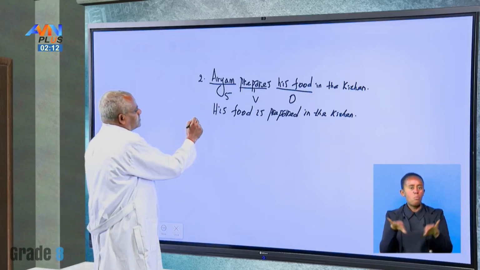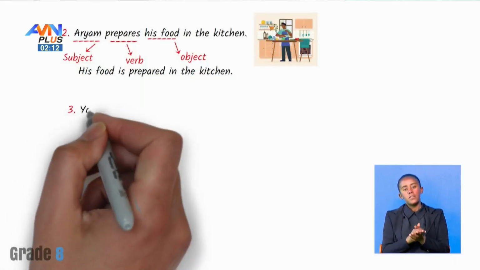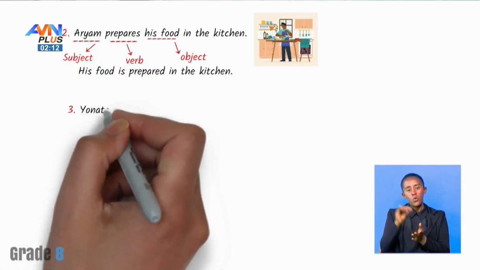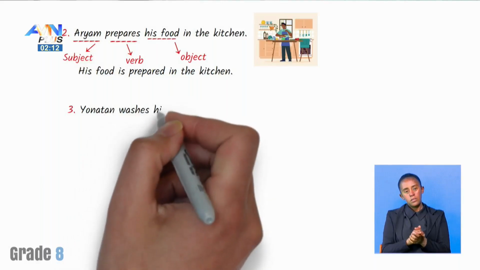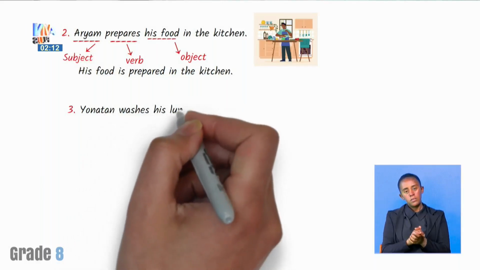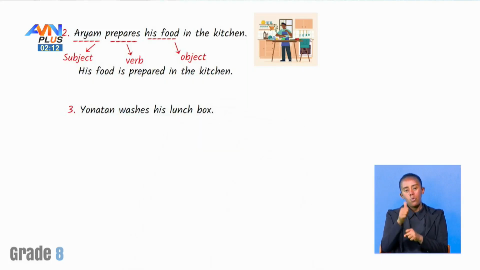Let's go and do another sentence. Jonathan washed his lunchbox.